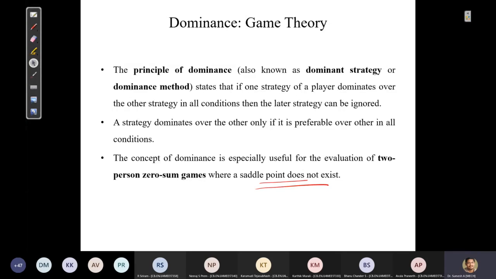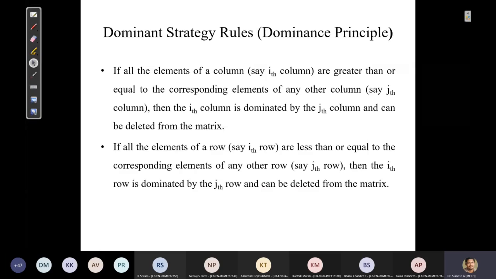If all the elements of a column, say i, are greater than or equal to the corresponding elements of any other column, say j, then the ith column is dominated by the jth column and can be deleted from the matrix. Not only a single element, the entire strategy values, if they are completely greater than the other, can be avoided.